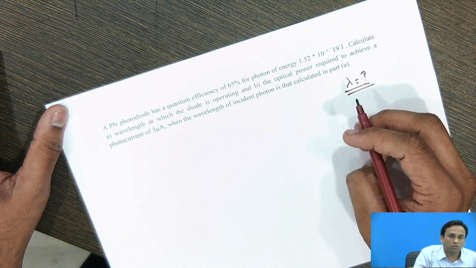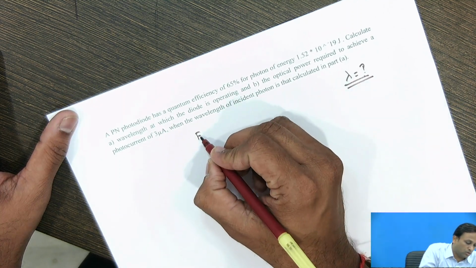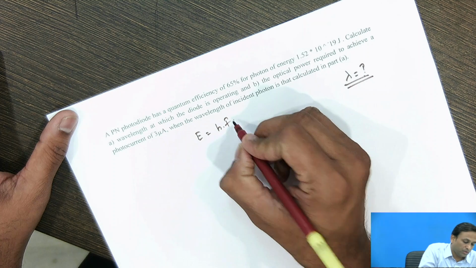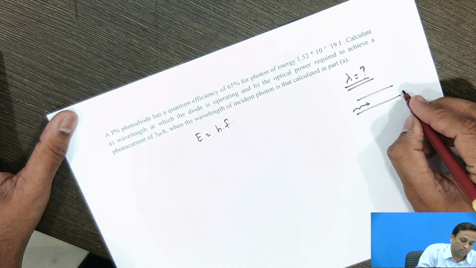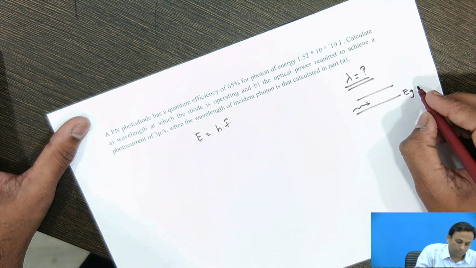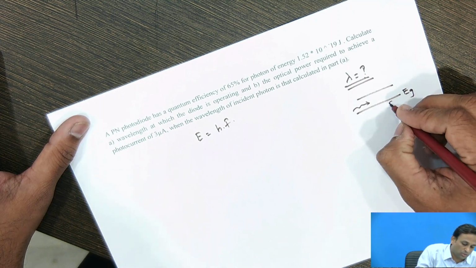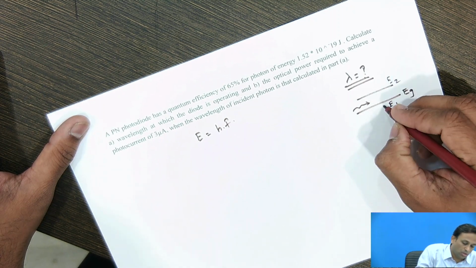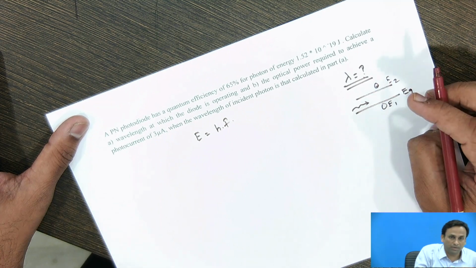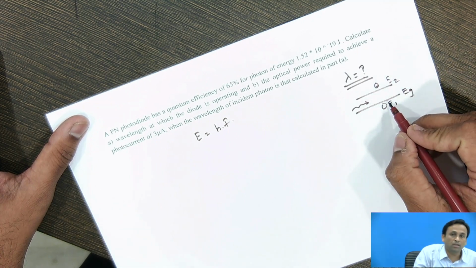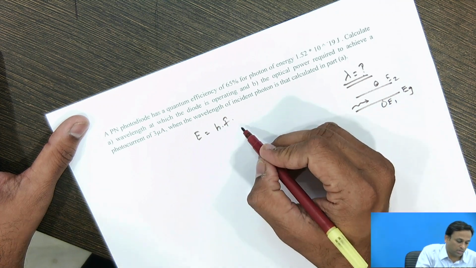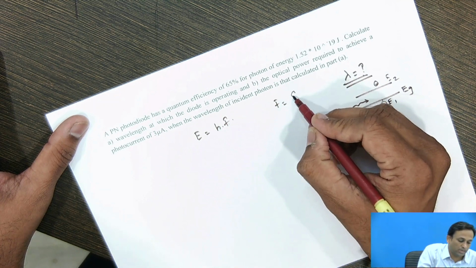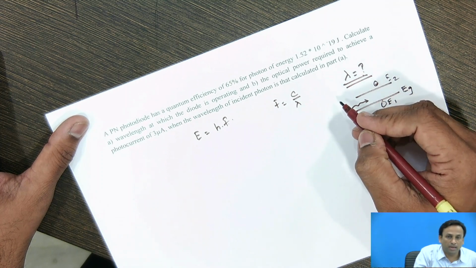For that we need to understand that E equals hf. In a detector, we incident a photon with energy Eg, holes and electrons get separated because they are connected in the reverse manner. And f is calculated as c by lambda.